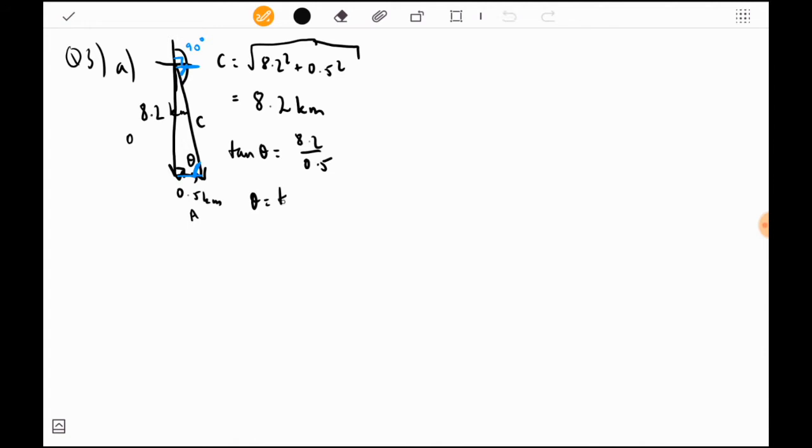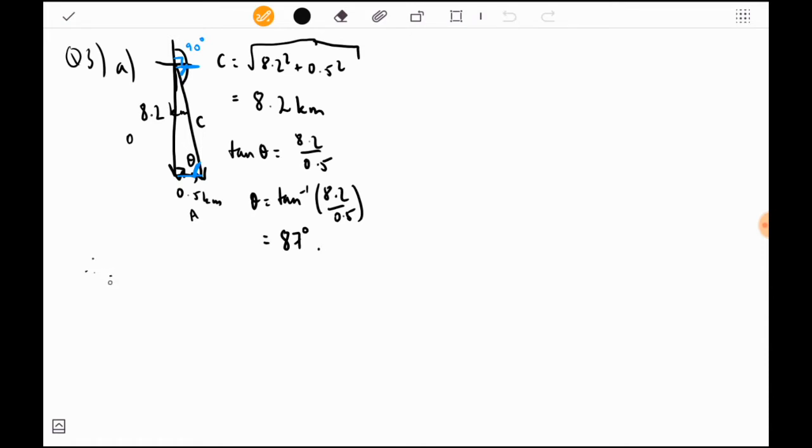So the angle is equal to the inverse tan of this, which is 87 degrees. So that means that if this is 87 degrees, then this whole big angle here will be 87 plus 90. So I'm going to call this, or we'll just stick with C.